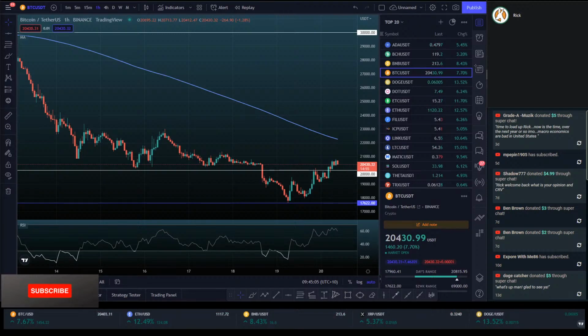So the end of this day's candle, which Bitcoin's up 7.7%, which is not bad. Okay. Join me on Discord. Here we go. That's the link. I'll pin that up the top. That should allow people to jump in if they so choose.